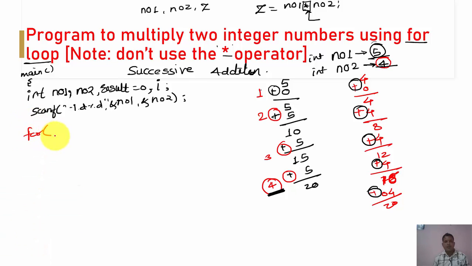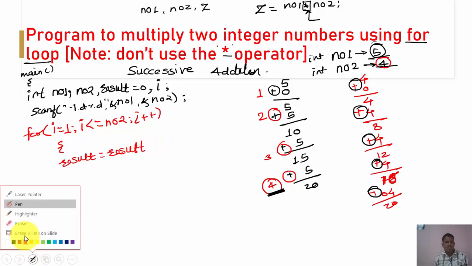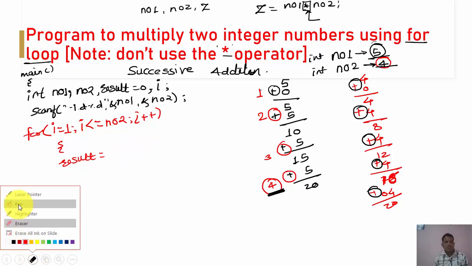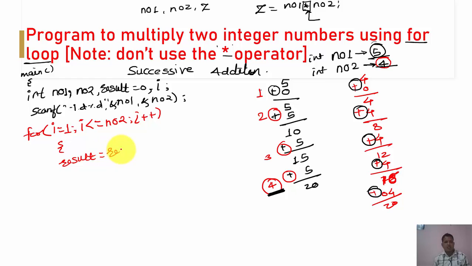Simple, for, I is equal to 1, I is less than or equal to number 2, and I plus plus. Okay, and then result is equal to result plus number 1.